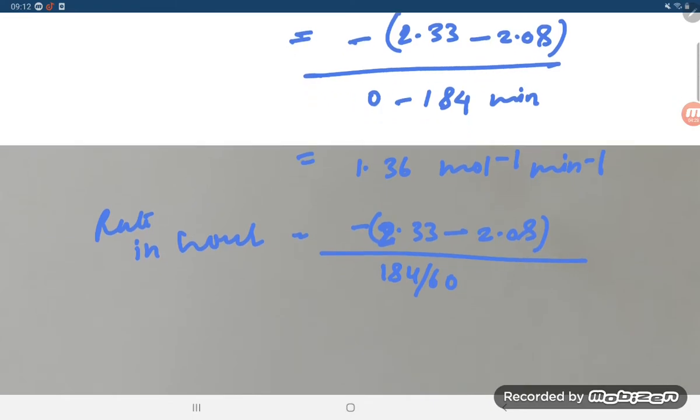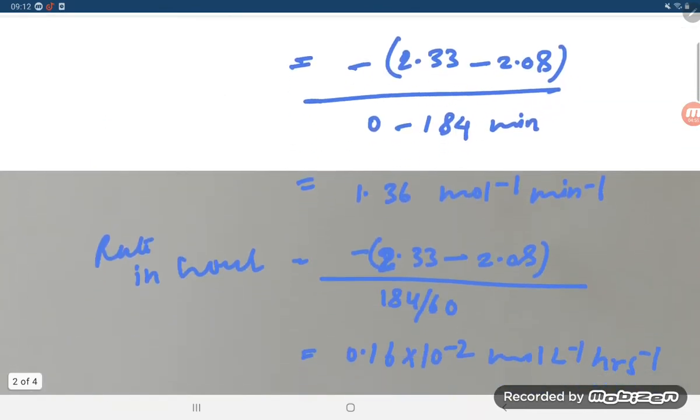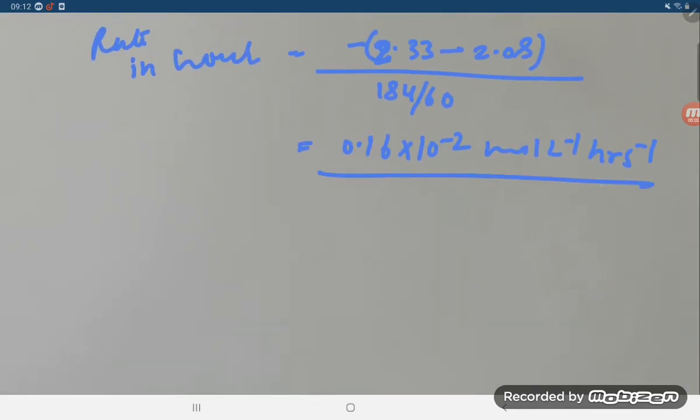So you are going to get 0.16 into 10 power minus 2 mole liter inverse hours inverse. Here I think something is missing: mole liter inverse, mole liter is also there here, and this is in hours.